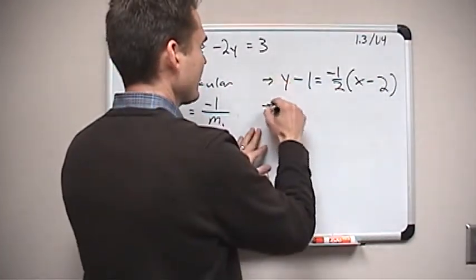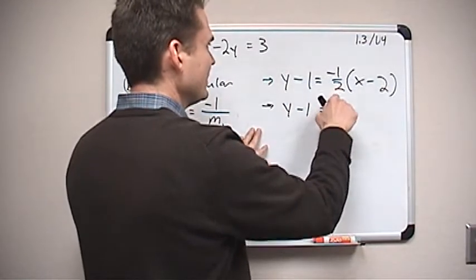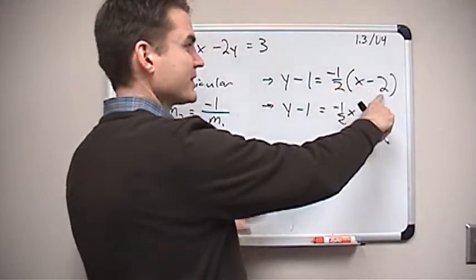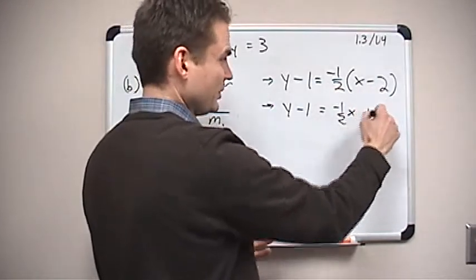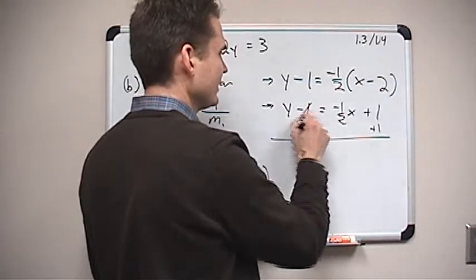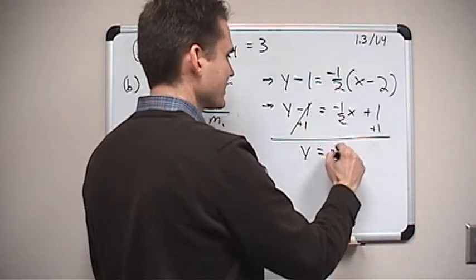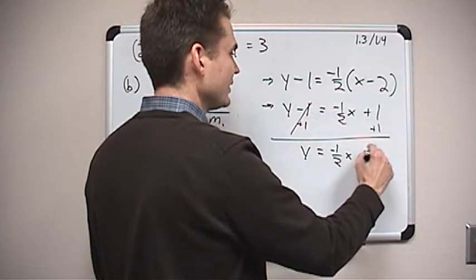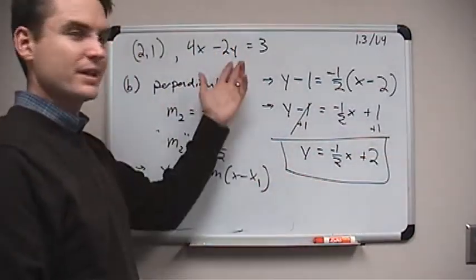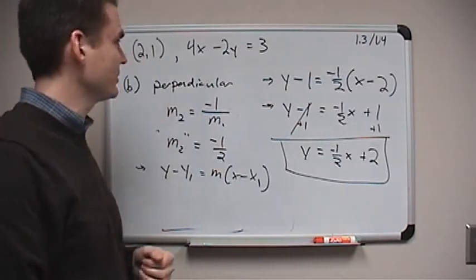That's negative 1/2 x, and negative 1/2 times negative 2 is positive 1. Now I can add 1 to both sides and get y equals negative 1/2 x plus 2. So that line is perpendicular to the first line and contains the point (2, 1).